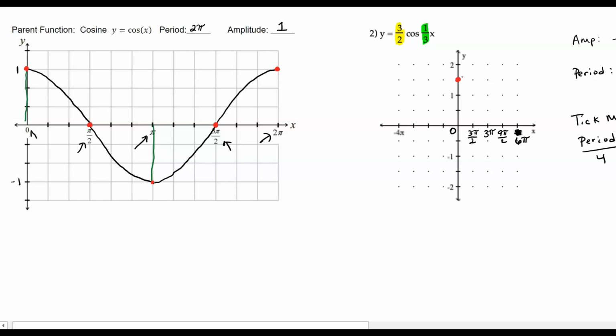And then the next mark will come down to 0. So at 3 pi over 2, we're back at 0. At 3 pi, we will hit the amplitude again, which in this case is a negative 1.5 y value. At 9 pi over 2, we'll come back up to 0. And at 6 pi, we'll come back up to 1.5 right there. And then we will connect the dots.